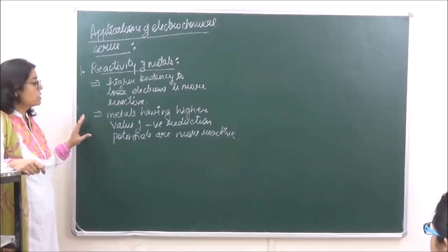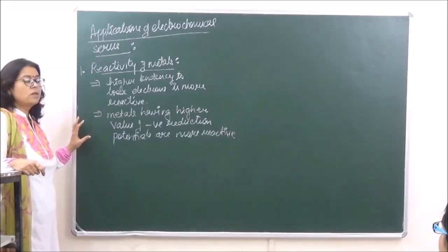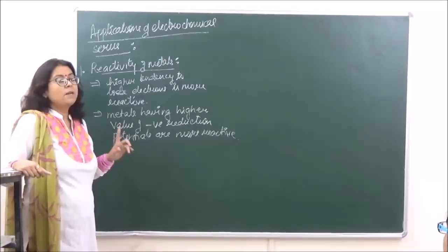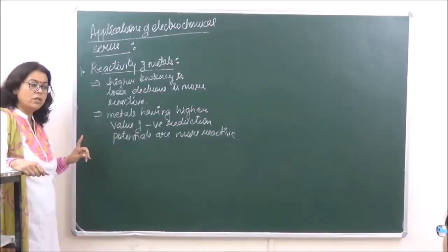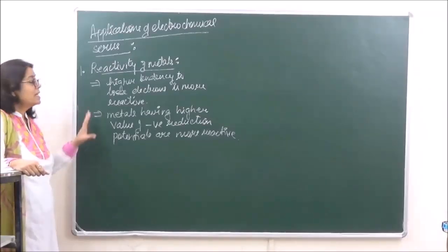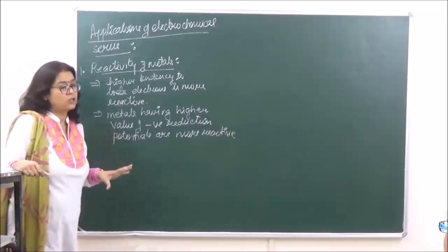Why? Because when we are talking of the values of reduction potential, it will not only depend upon the ionization energy, but it also depends upon the hydration energy. So the sum total of both ionization energy and hydration energy sets the value for reduction potential.